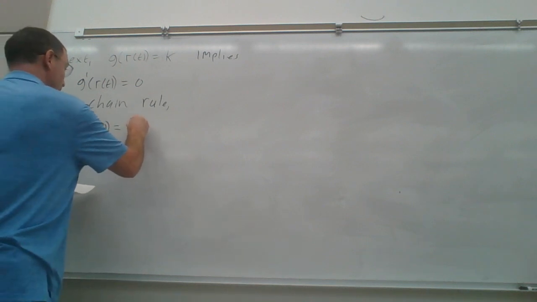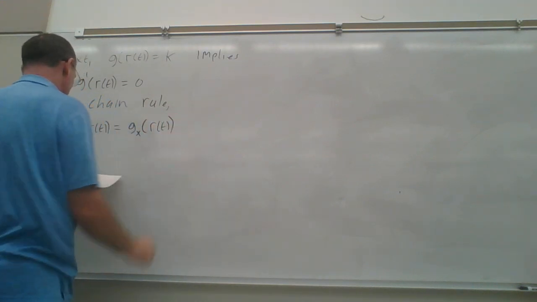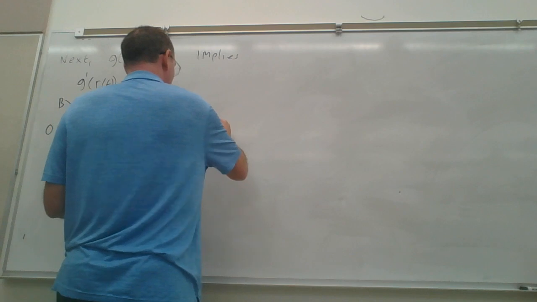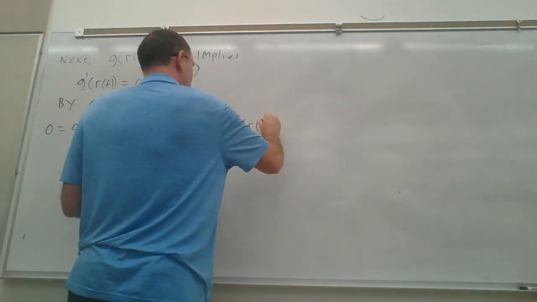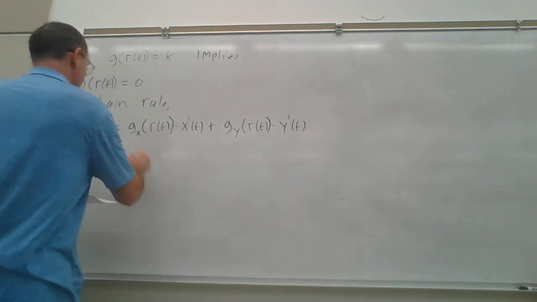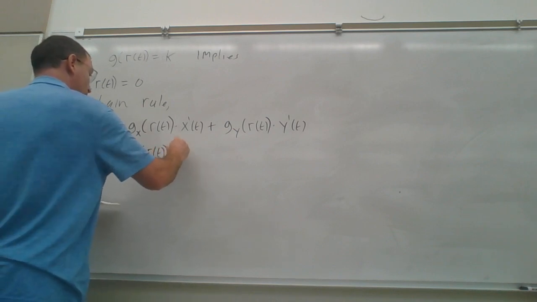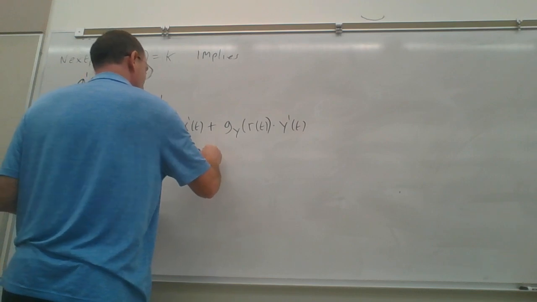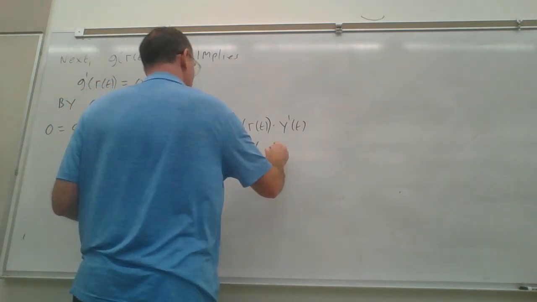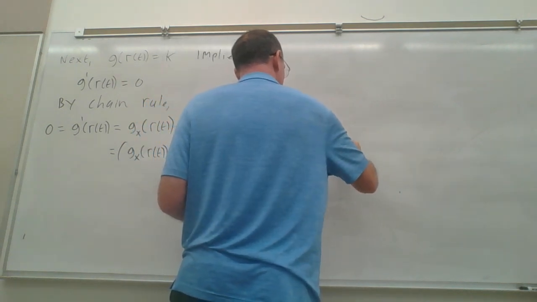So it equals g_x evaluated at r(t) times x prime of t plus g_y evaluated at r(t) times y prime of t. We can write this as g_x(r(t))i plus g_y(r(t))j dotted with x prime of t i plus y prime of t j.